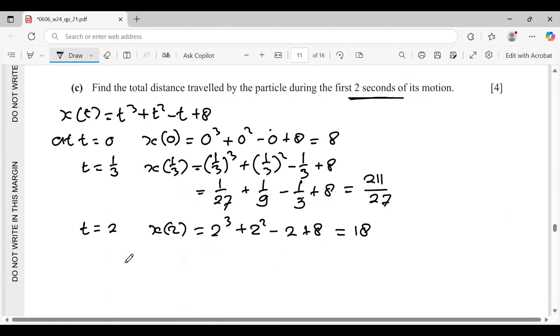Now, let's recompute the distance. The distance will become 2 periods: from t equals 0 to t equals 1/3, and from t equals 1/3 to t equals 2. From t equals 0 to t equals 1/3.